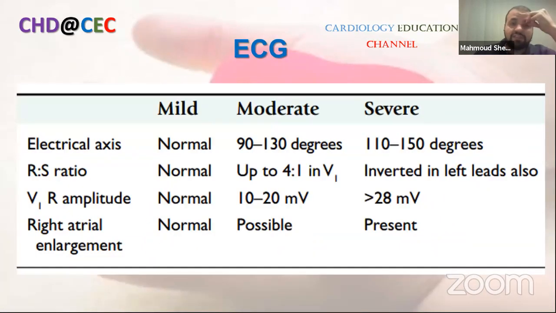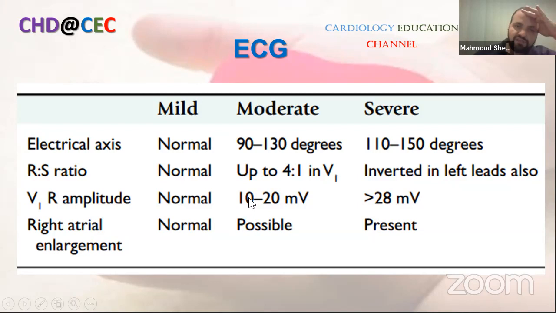Regarding the ECG, as a basic investigation, in mild valvular pulmonary stenosis, usually the ECG is normal regarding the electrical axis, the RS ratio, the V1 R amplitude, and right atrial enlargement. In moderate valvular pulmonary stenosis, we have some degree of right axis deviation. The RS ratio is up to 4:1 in V1.